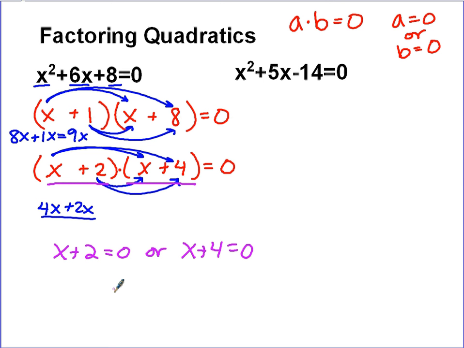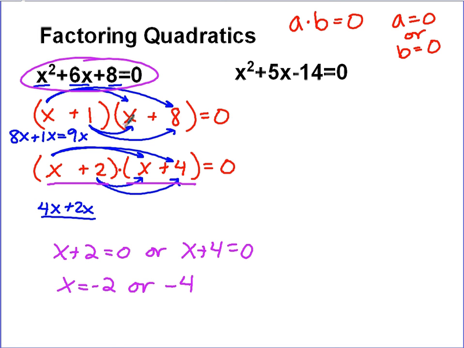So you can do the algebra to subtract 2 from both sides and 4 from both sides on this one, or you can just look at this and say, hey, if x was negative 2, that would be 0, and so x equals negative 2, or in this case x equals negative 4. So that's my solution to this quadratic equation right here, and how we solved it by factoring.